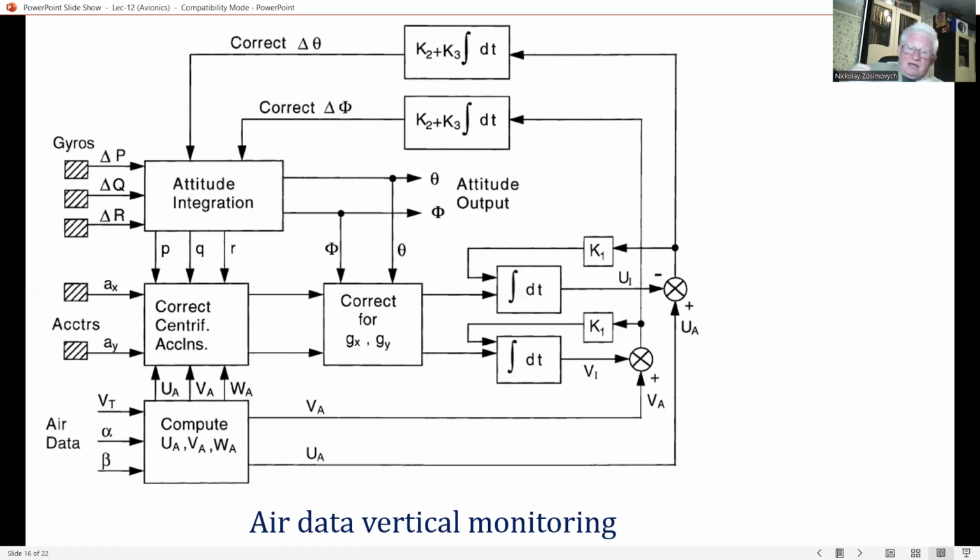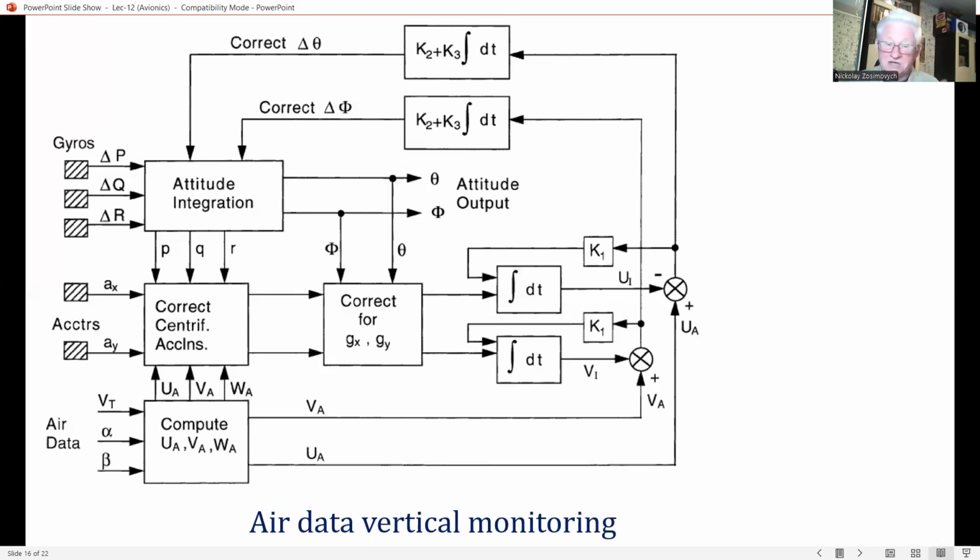In the computation of g sub x and g sub y, which are integrated with time, causing a difference between U1 and UA, and identically V1 and VA, unless corrected.